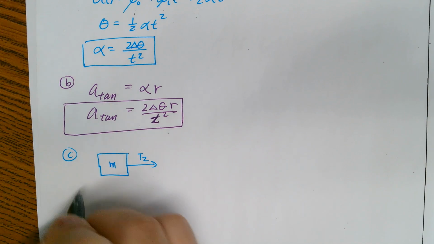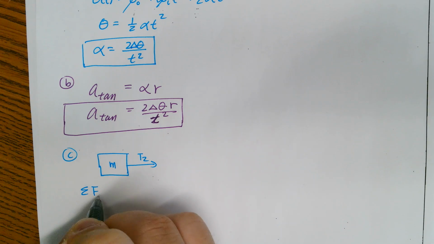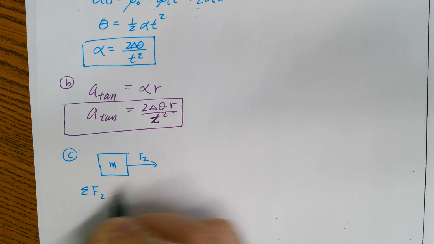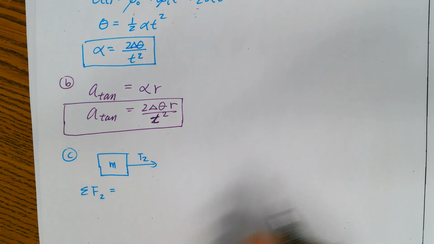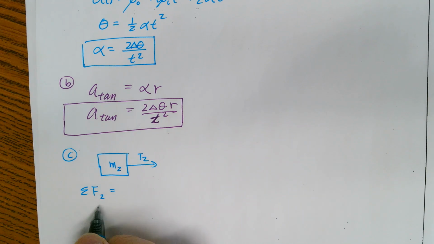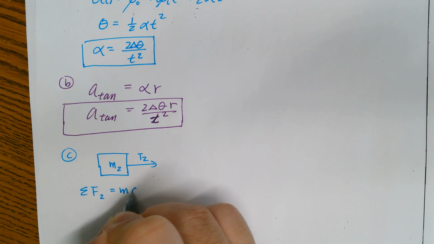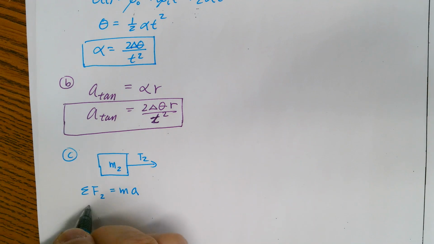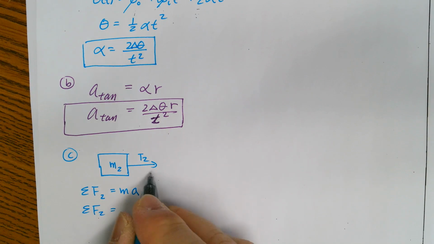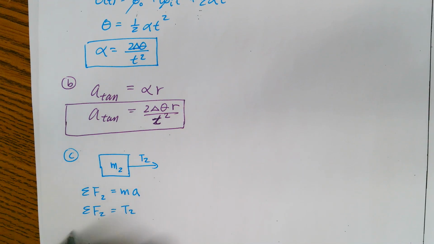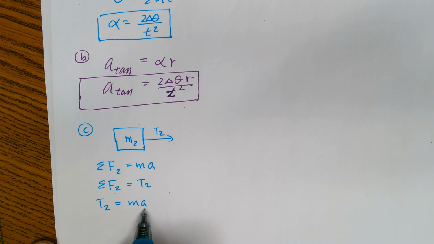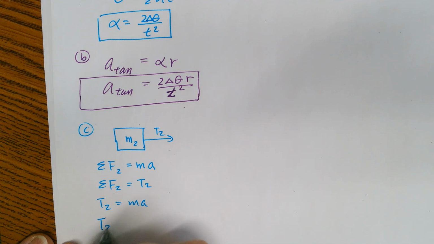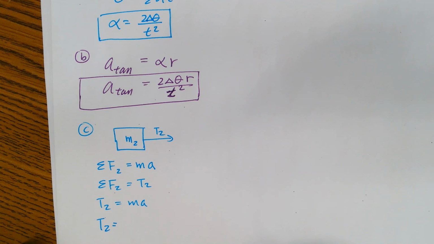The sum of all forces for block 2 is equal to MA, and there's only one force, tension 2. So tension 2 is equal to MA, A tangential.